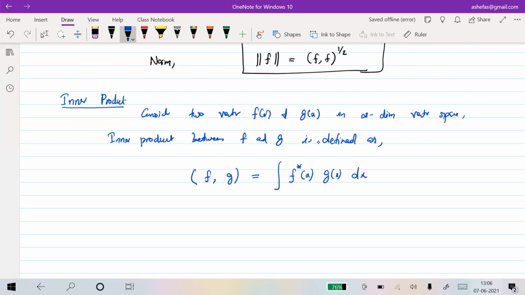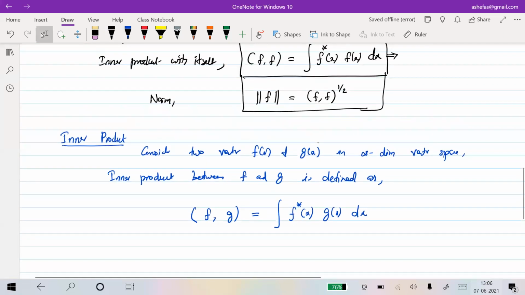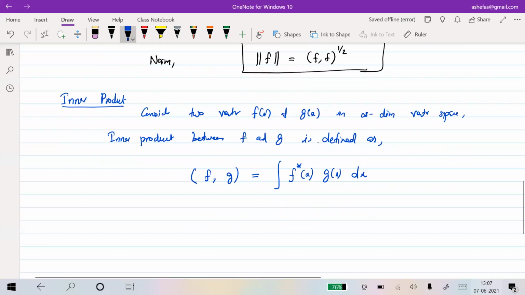Note that the inner product f comma f, the inner product with itself, is the integral of f star of x f of x dx. Here the first term is called the prefactor and the second term is called the post factor. We take the complex conjugate of the prefactor and the original function of the post factor. No complex conjugate is taken there.